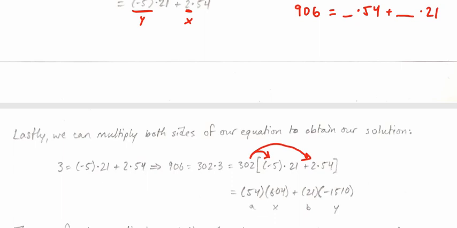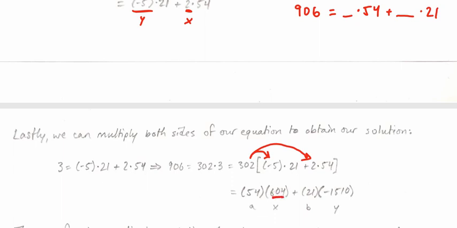So I have 54 times now 604 plus 21 times 302 times -5 is -1510. So we have 54 times some whole number plus 21 times some whole number equal to my 906.